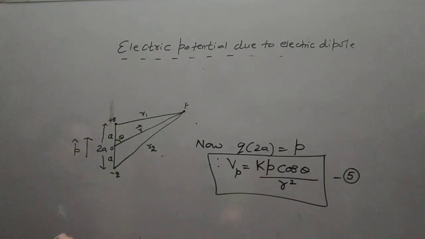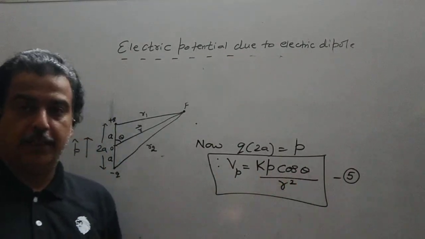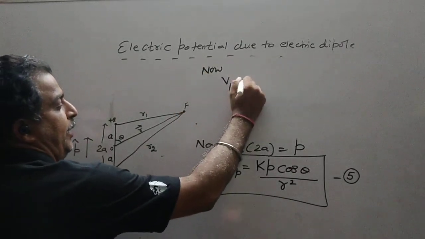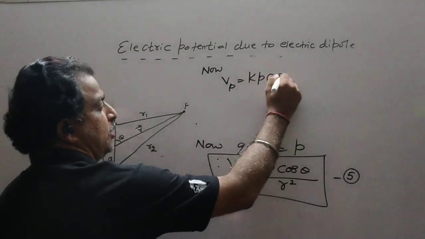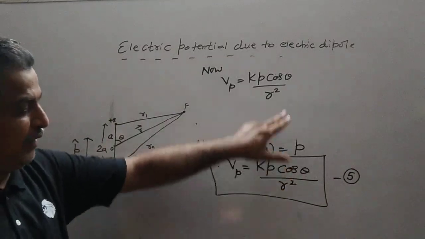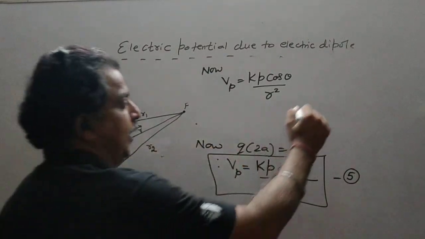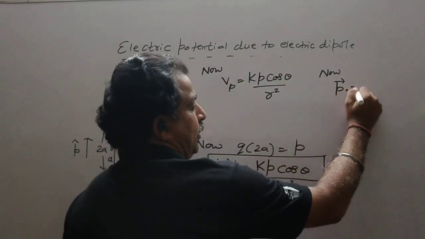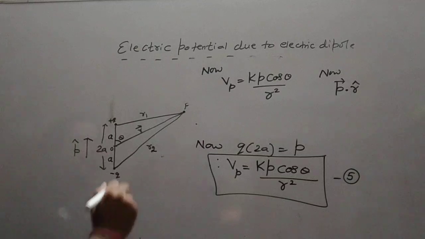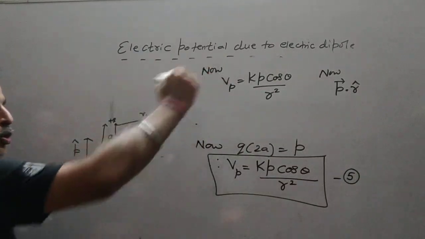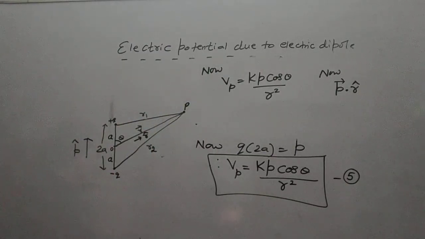Now let us make use of this theta. This equation can be written as, Vp is equal to Kp cos theta upon R square. This is what we have derived. Now see, P vector dot R cap, where R cap is in the direction from O to P. This is R cap, the direction of the point P from the midpoint of the dipole.